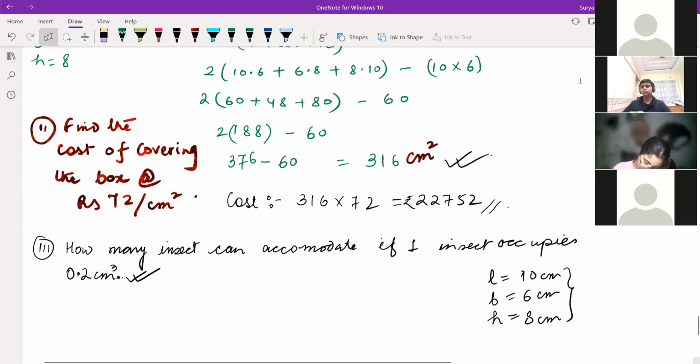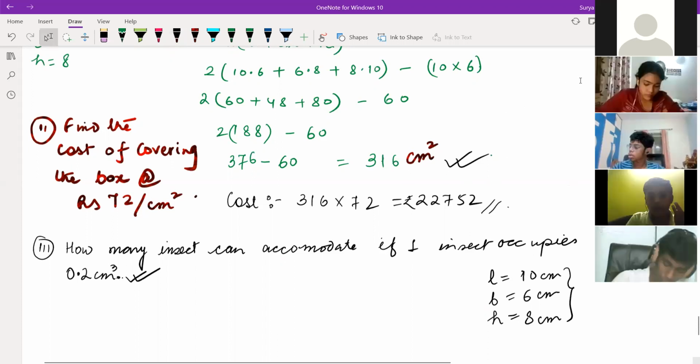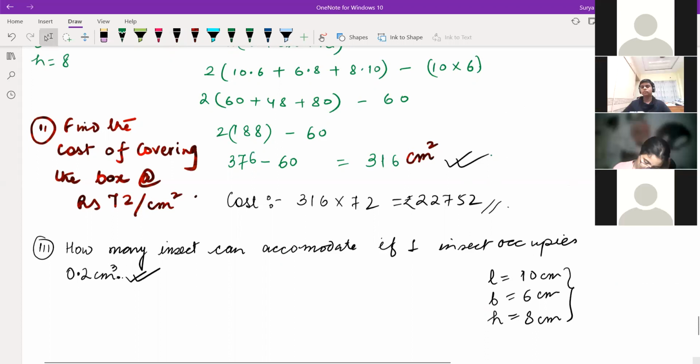Diksha, Bhumika, Vivek, Sai Charan, tell me the answer fast.